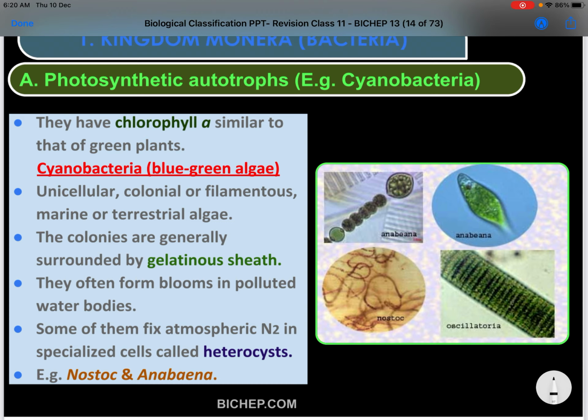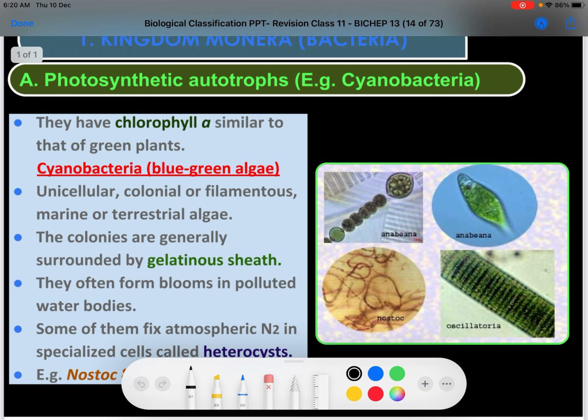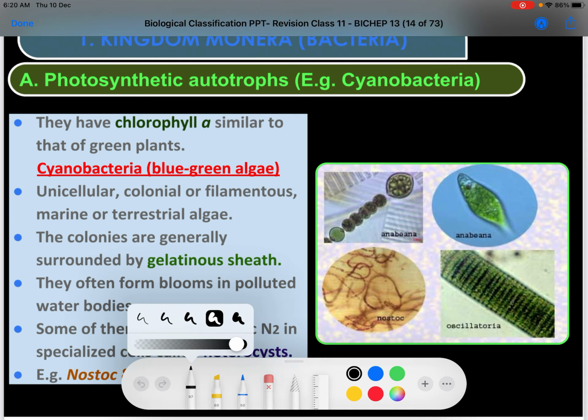Now let us first talk about the photosynthetic autotrophs. For example, they are also termed as the Cyanobacteria, right? Please do remember the extra name as well. So Cyanobacteria are photosynthetic autotrophs. So they have chlorophyll A, right?